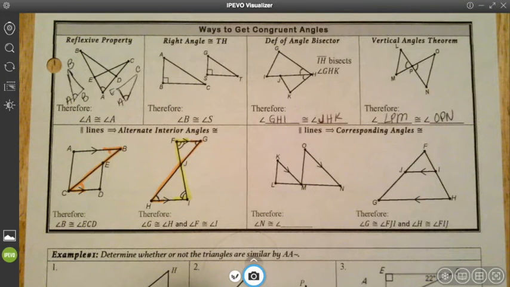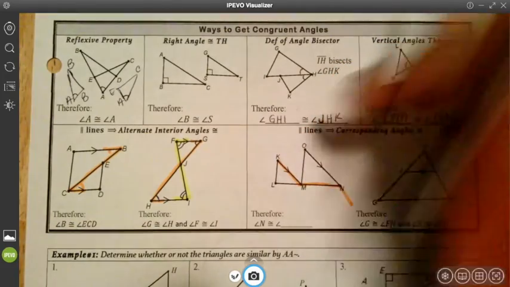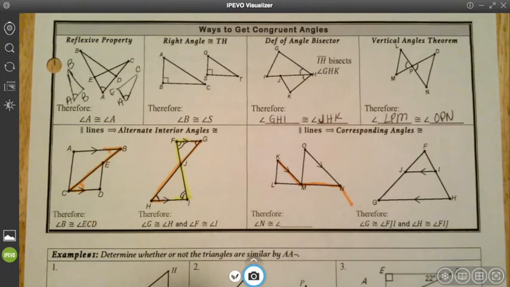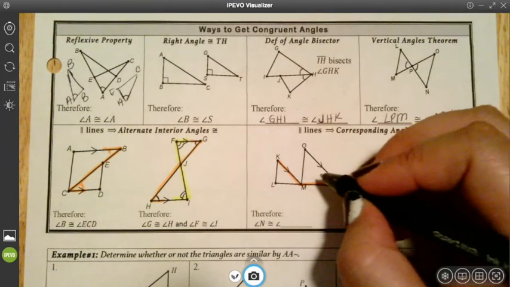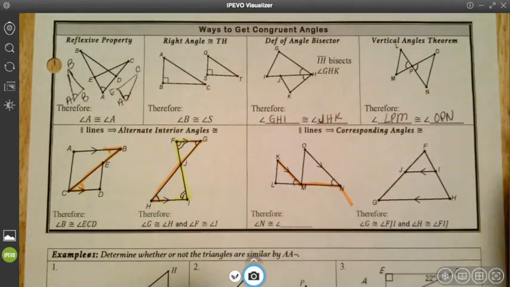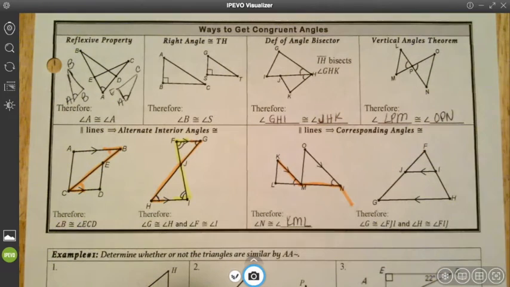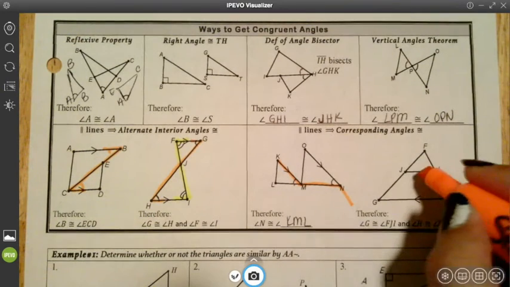And then we have parallel lines that give us corresponding angles. So for this diagram, if I draw the Z, it would go off in the opposite direction as the triangle. And so I don't need alternate interior angles for this one. I need corresponding angles, giving me angle KML congruent to angle N. And then we can apply that same thing to these pairs of parallel angles here.